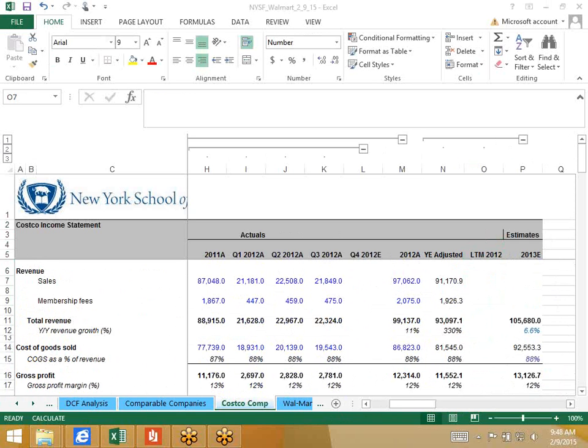But this isn't now 12 months, right? We need to add 29 days here, from July 31st to August 29th. We need to add a portion of the prior Q4, from the prior year.